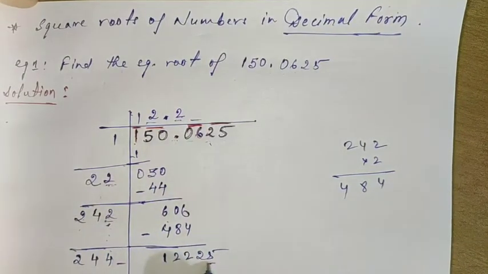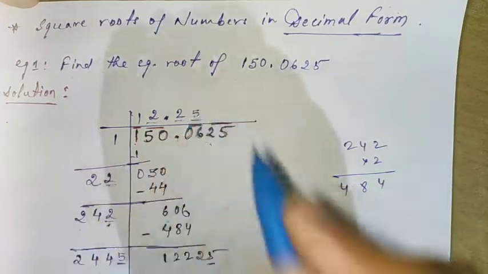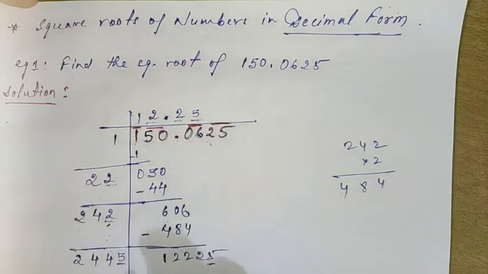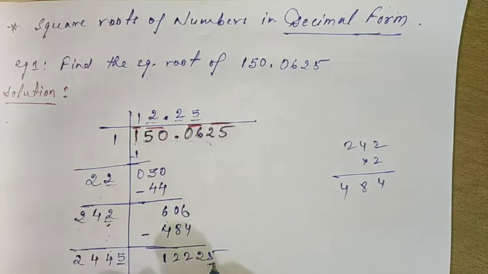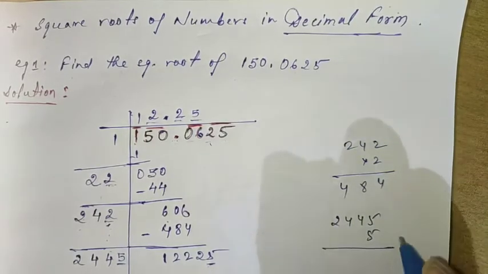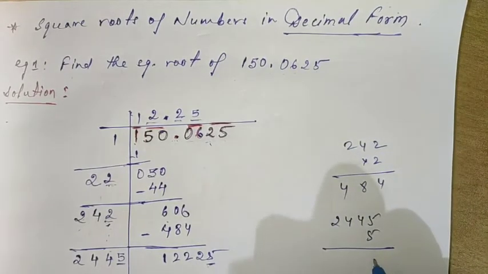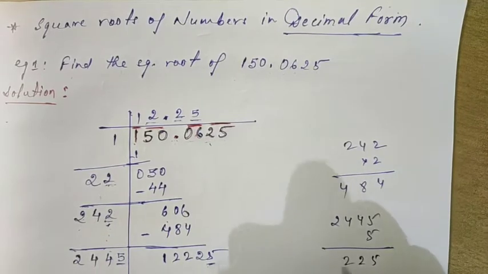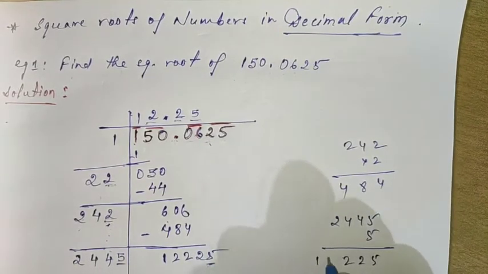As you can see, there is a 5 at the end, so I'm absolutely sure that it will be 5 multiplied with 5, because 5 fives are 25, so at the units place you will get 5. So 2445 multiplied with 5, just check, will give you 5 plus the 25, carry 2, 2, 10 plus 12.